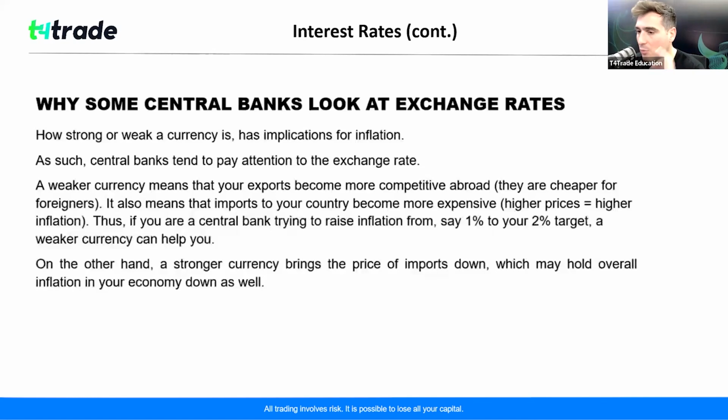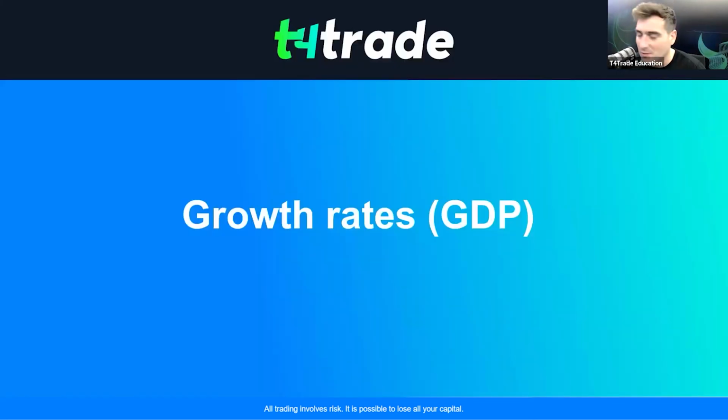A prime example is the Bank of Japan, and we may soon see an intervention by BOJ policymakers or the Japanese finance ministry, protecting the yen from deteriorating even further because of these unfavorable net interest differentials with other central banks. Hopefully this is not too much for you to digest, but we are done with inflation and interest rates.